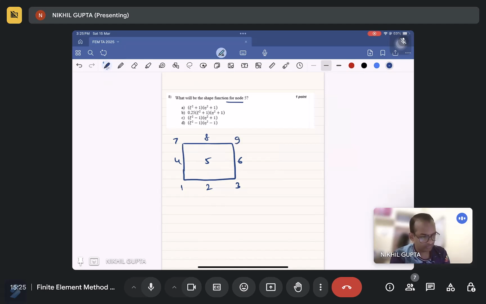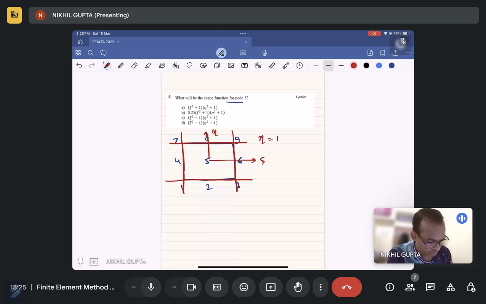Now to find the solution for N5, this is the xi coordinate system. So you need this, this, this, and this to solve the problem. This is eta equal to plus 1, this is eta equal to minus 1, this is xi equal to plus 1, and this is xi equal to minus 1.